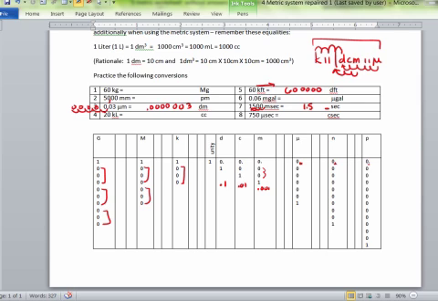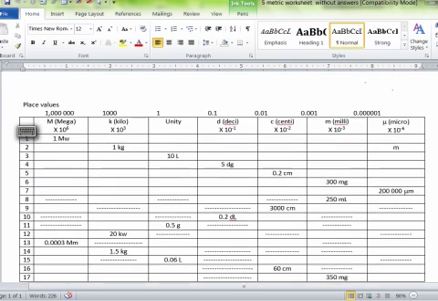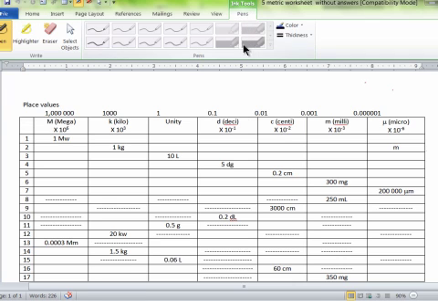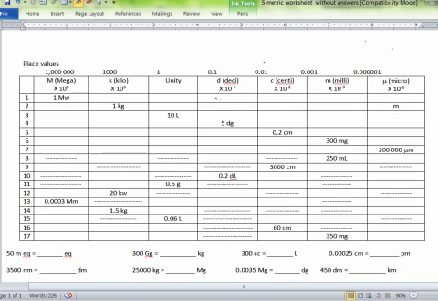In the other part of the project, if you take the 5 decigrams here, there is one position between some of these numbers. There are 3 positions between mega and kilo.